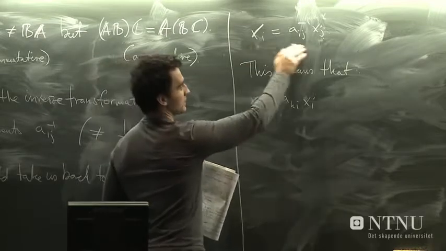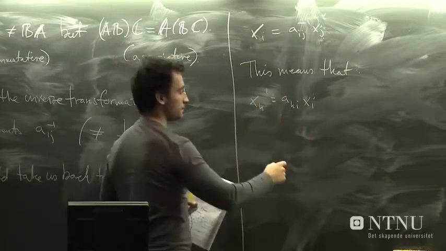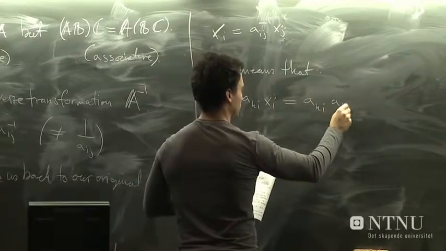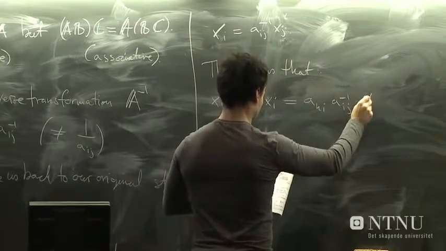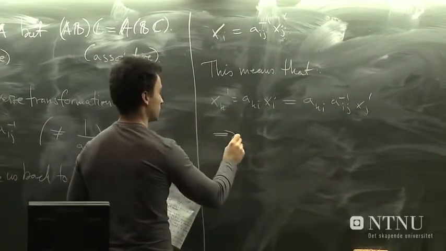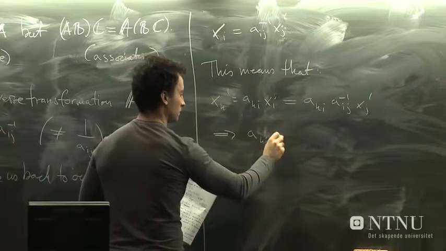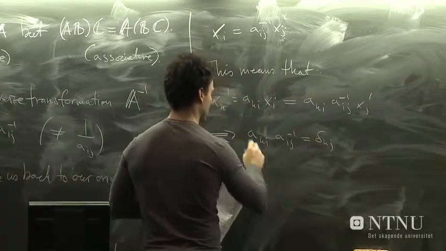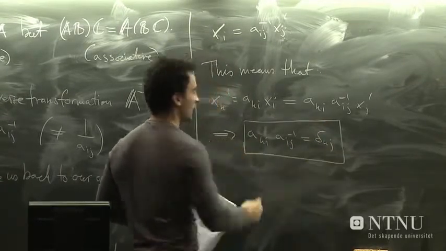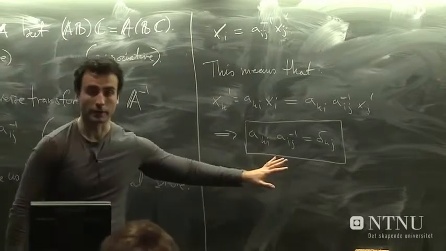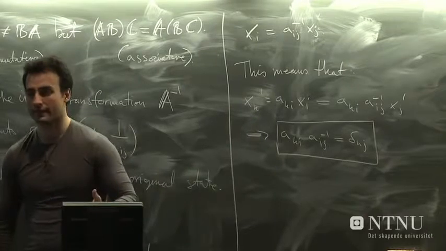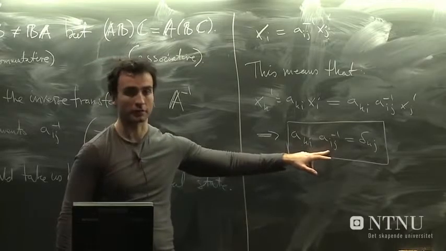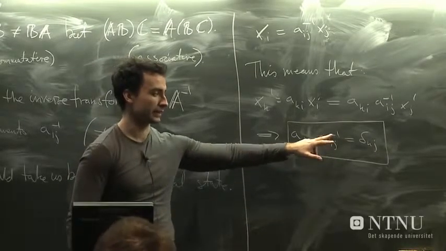So now I insert this here. I obtain the following relation between the transformation matrix elements Aki and the inverse transformation matrix elements Aij -1.